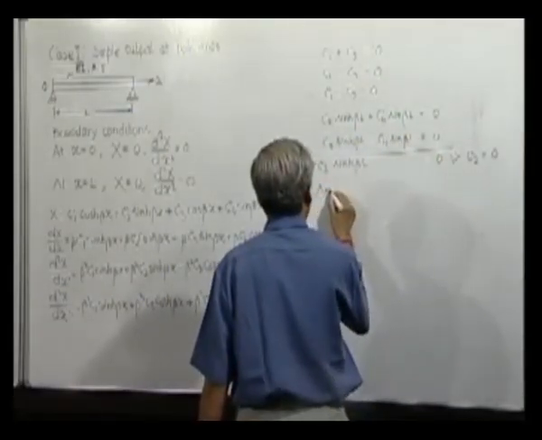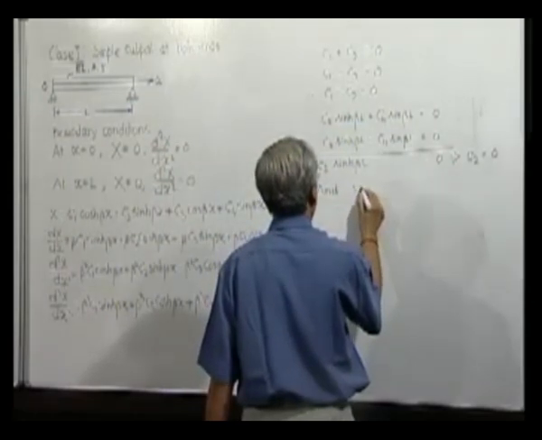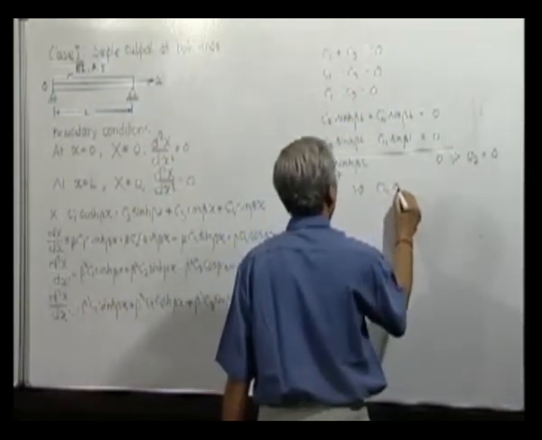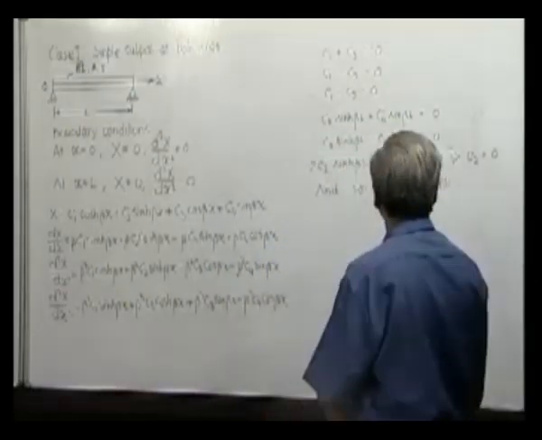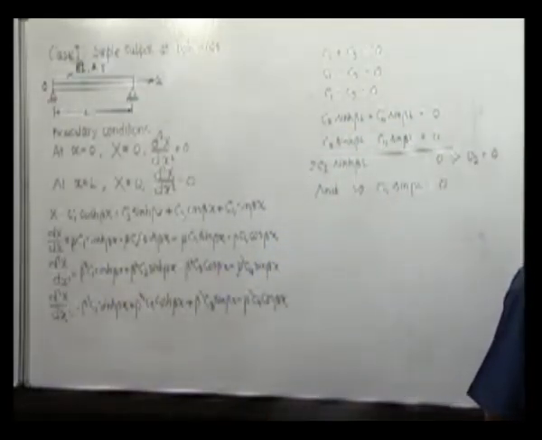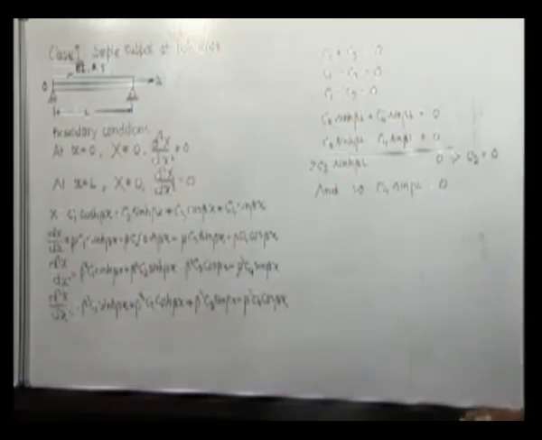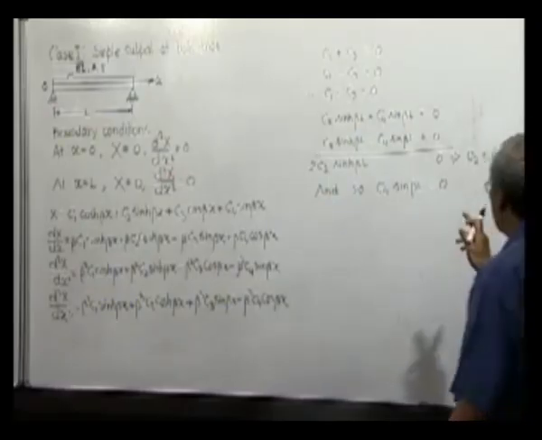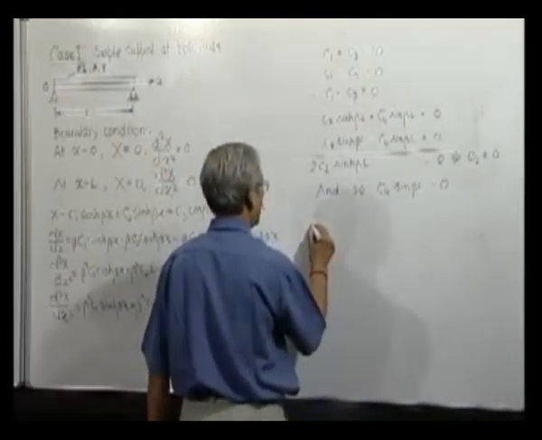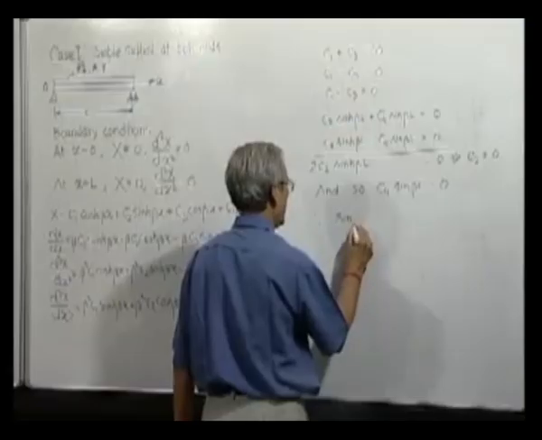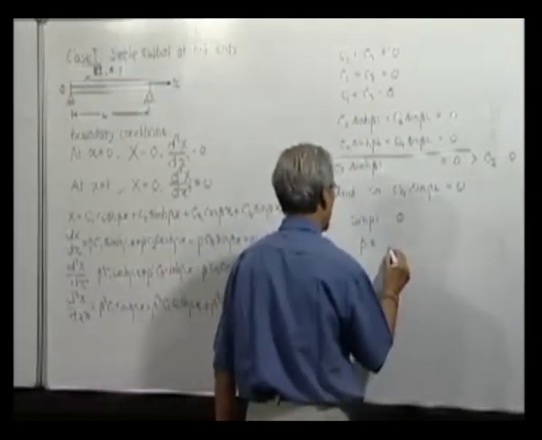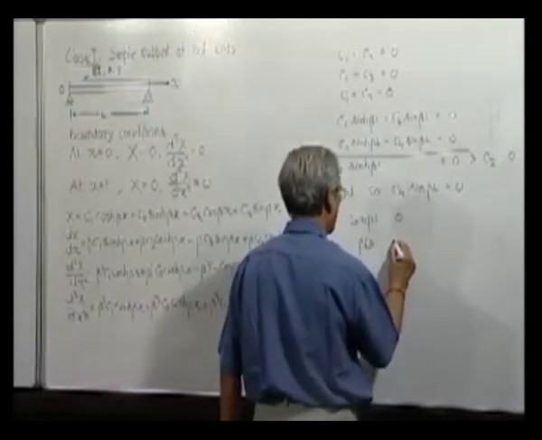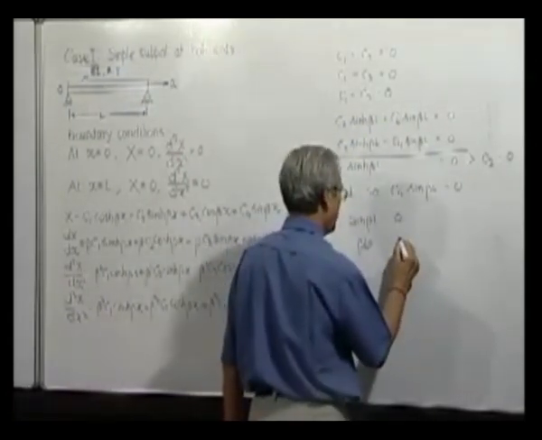So we find the situation is like this: C1 equal to 0, C3 equal to 0, C2 equal to 0, but C4 cannot be equal to 0. So the only possible solution will be sin(beta L) equal to 0, or beta L will be equal to some integer multiple of pi, so I pi.